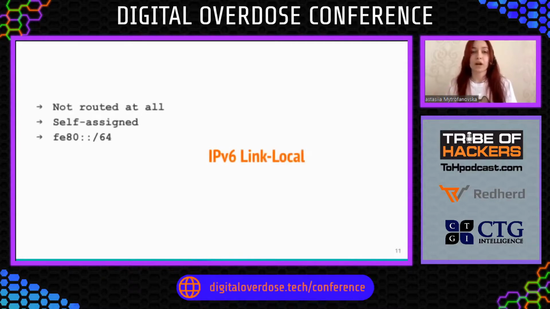What about link local? These addresses are used to communicate between hosts on the same link. They are used inside an internal network, and again they are not routed on the internet or even internal network.